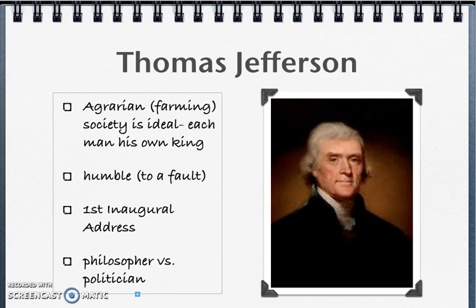So in his first inaugural address, he discussed the power of the majority while also recognizing the importance of protecting the rights of the minority. And remember, put this in context, right? The Democratic Republicans are now the new majority, and the Federalists who were in power are now the minority.